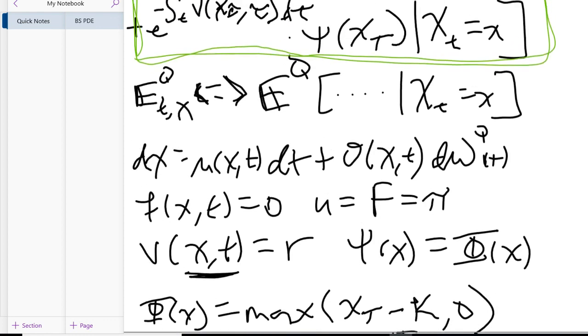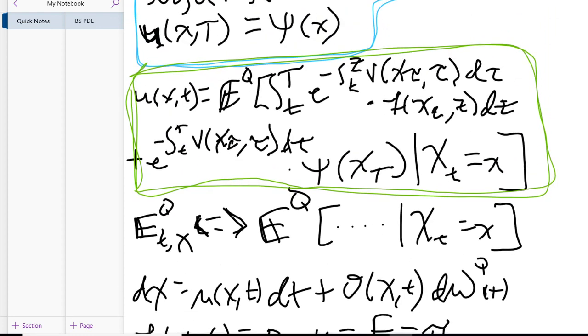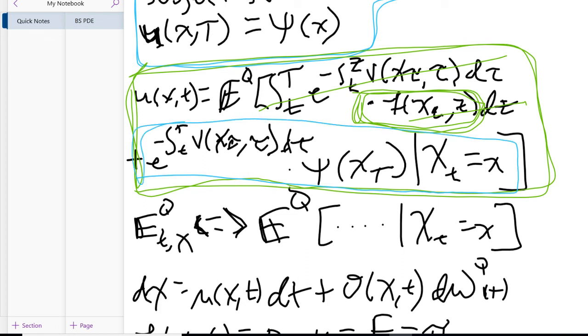So remember up here, this function, we don't have it, so this entire thing drops out, leaving just this portion.